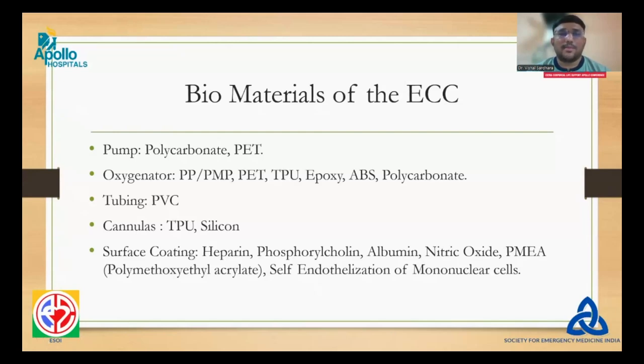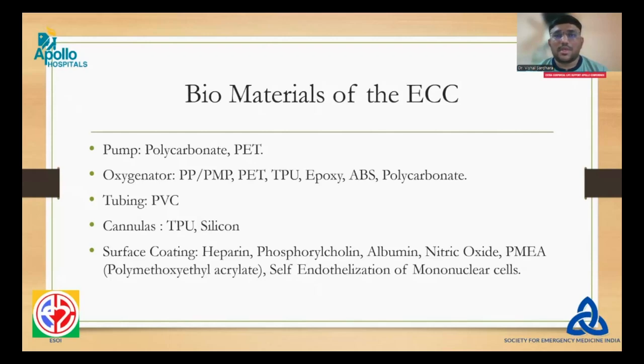Those are the fibers for the gas exchange. Then PET fibers are also being used as heat exchange fibers in some oxygenators. They are also using SS as a heat exchange chamber. And then TPU will be mostly used for the coating of the fibers and making the chamber separate for the gas and blood travel.